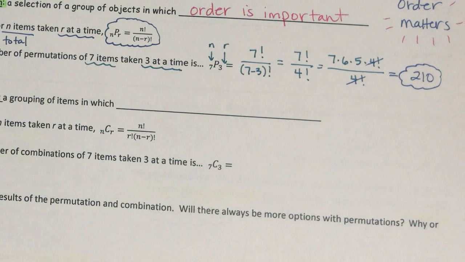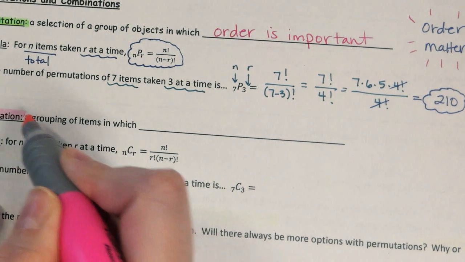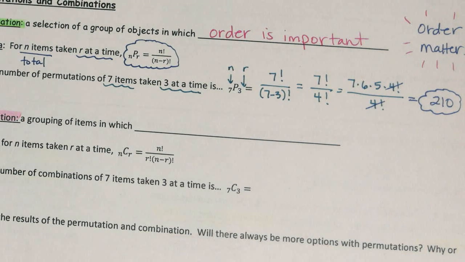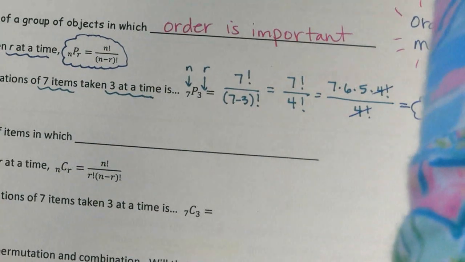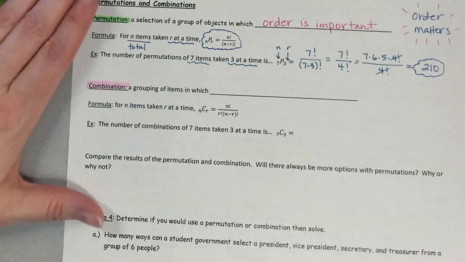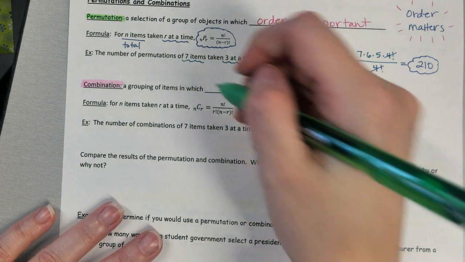And then the other type, the combination, is where the order does not matter. So if it's a combination, it's a grouping of items in which the order does not matter.